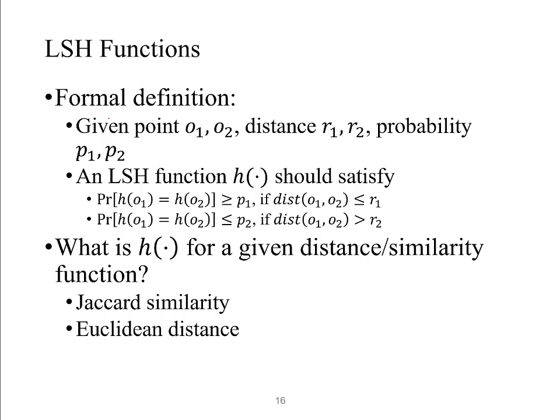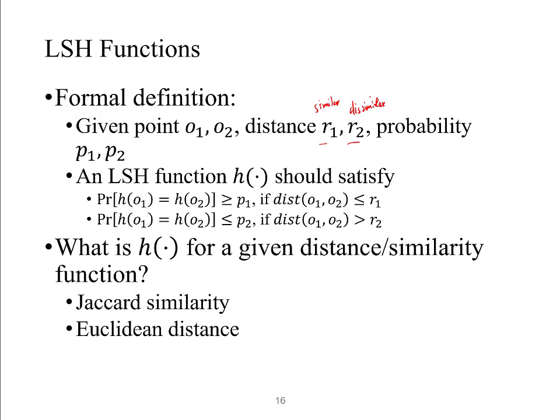Basically, given points O1 and O2, because we're talking about similarity or distance, that always involves two points. And distances R1 and R2, you can take R1 as for those similar ones, R2 as for those dissimilar ones. And probabilities P1 and P2.